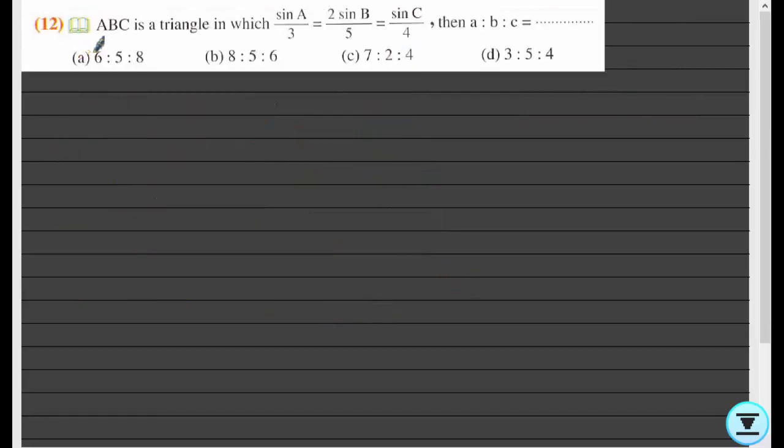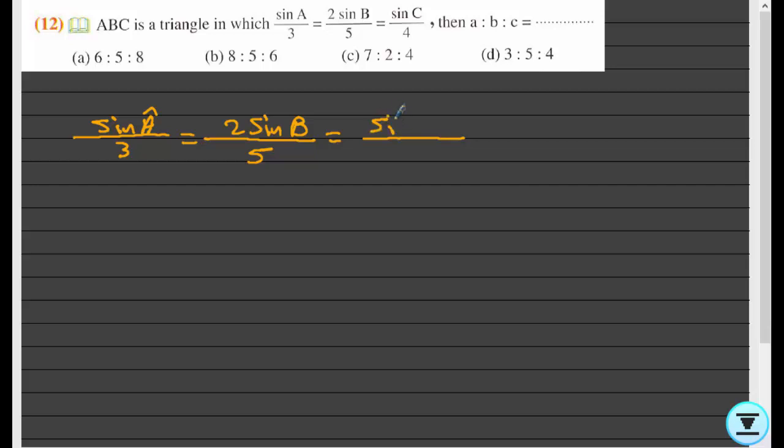Question 12. ABC is a triangle in which sine A over 3 equals 2 sine B over 5 equals sine C over 4.